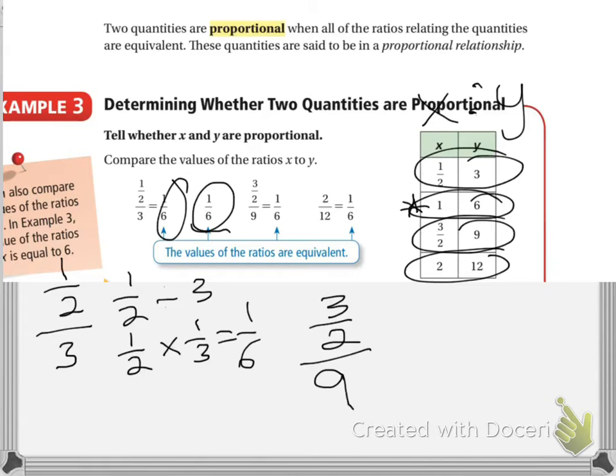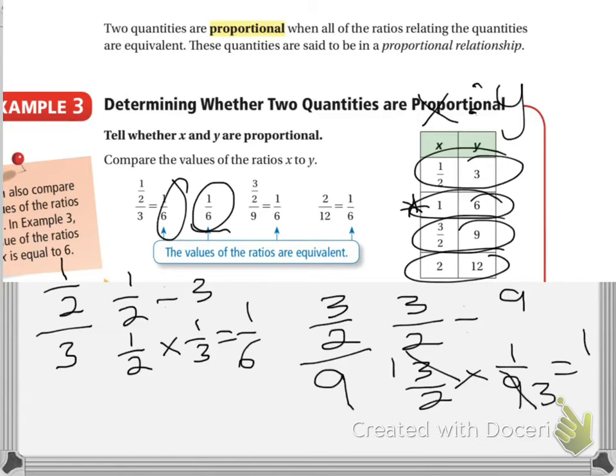And once again, since we have a fraction in the numerator, we're going to change it to a division problem of 3 halves divided by 9, which really means, when we do our same change flip, 3 halves times 1/9, and I can cross cancel. I'm going to make this a 1, make this a 3, and we end up with 1/6. You can see that right there.